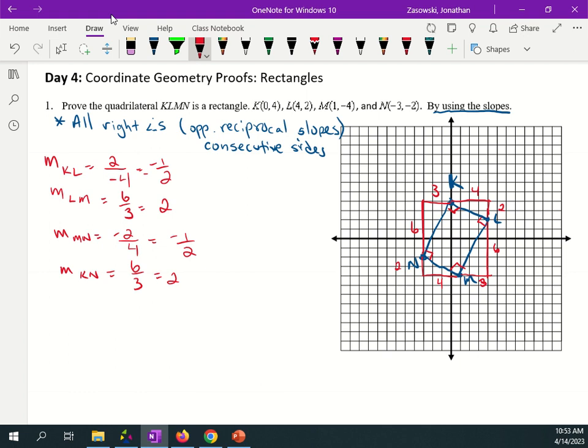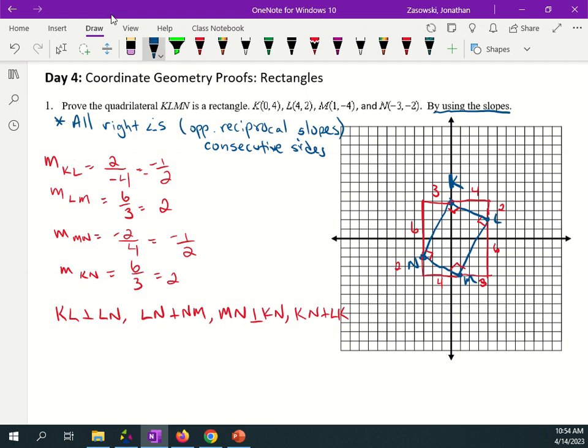Number one, I'm going to write either that KL is perpendicular to LM, that LM is perpendicular to NM, that MN is perpendicular to KN, and that KN is perpendicular to LK. Okay. So I'm writing the 4 perpendicular statements.